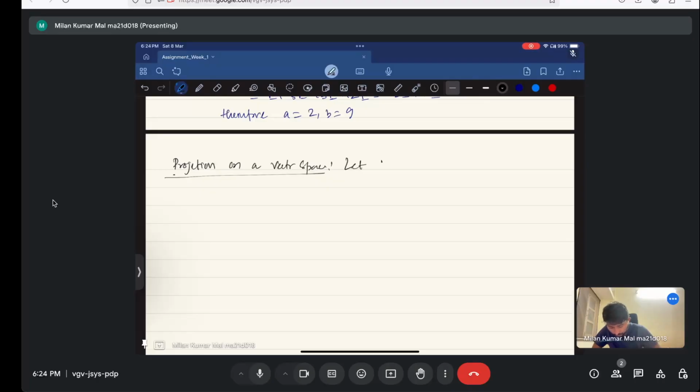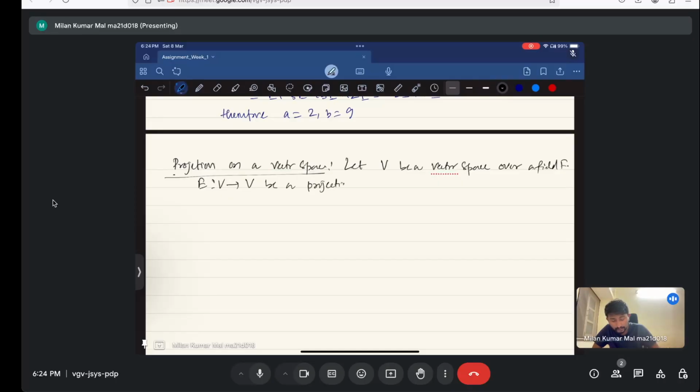Let V be a vector space over a field F, and E from V to V be a projection.